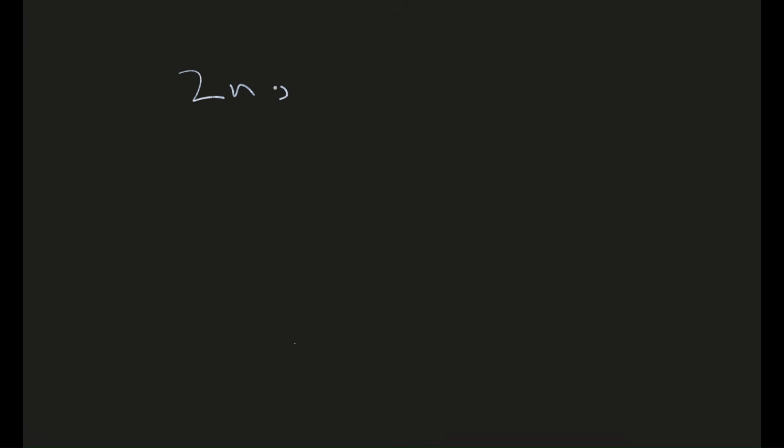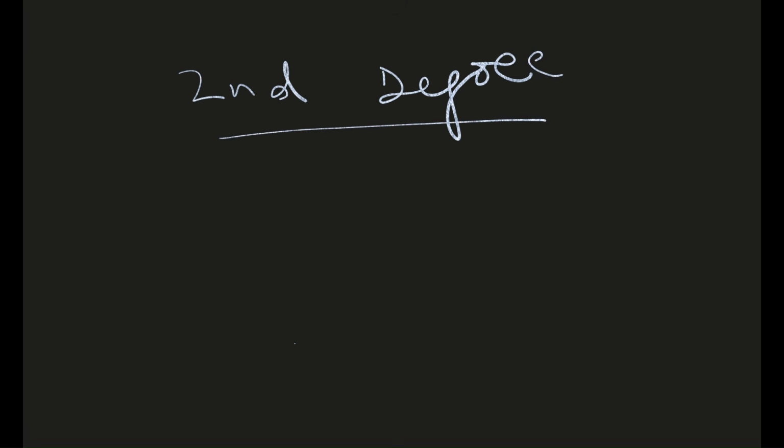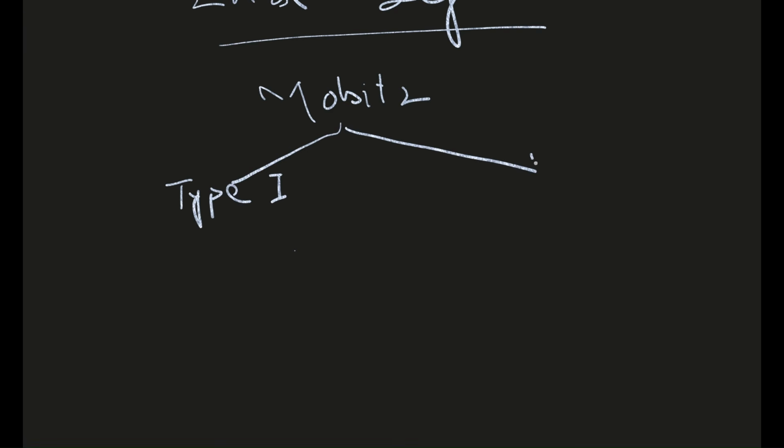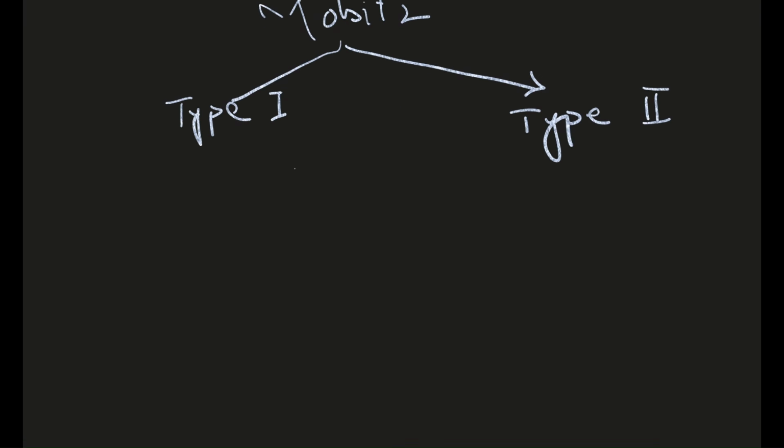Now let's talk about second degree AV block. We have two types of second degree AV block. One is called type 1 and the other one is called type 2. There is a small difference in the ECG pattern of these two blocks.